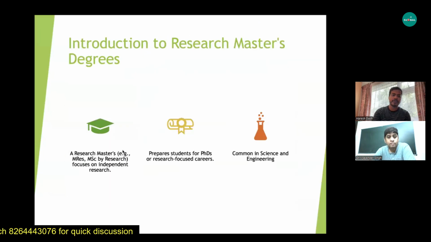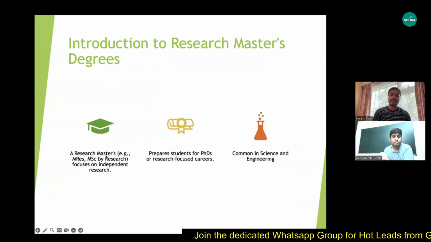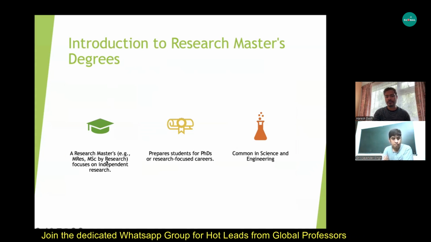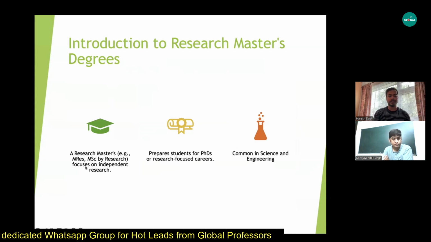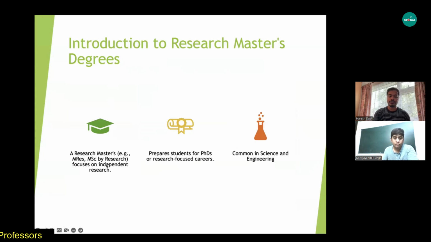Okay. So I'll start with the introduction. So basically, what is a research master's? It is slightly different from a regular master's. In this kind of master's program, you are mostly working with research, independent research. That is the most focus of it.